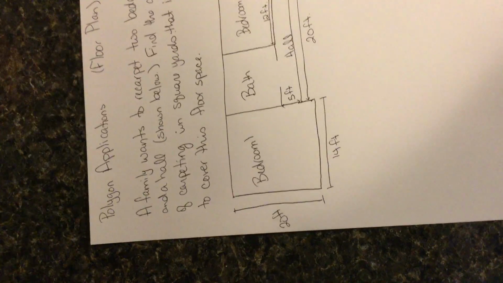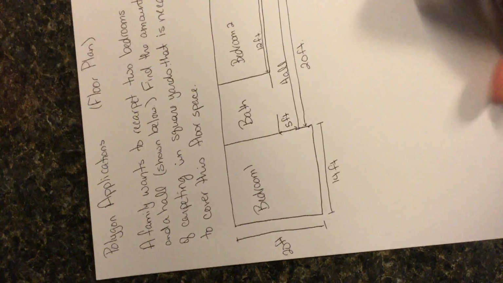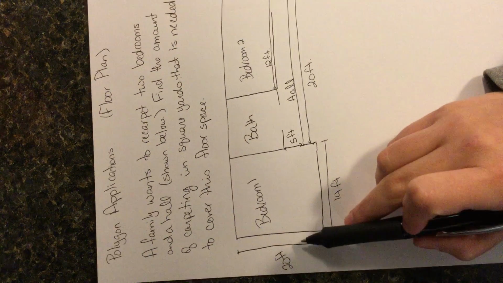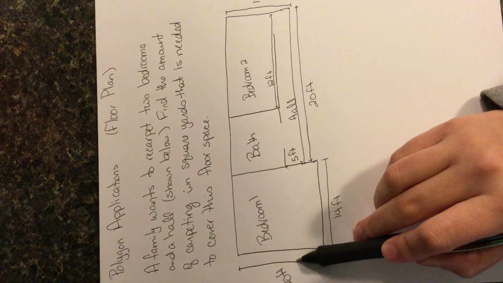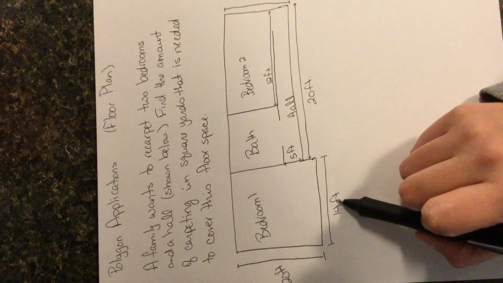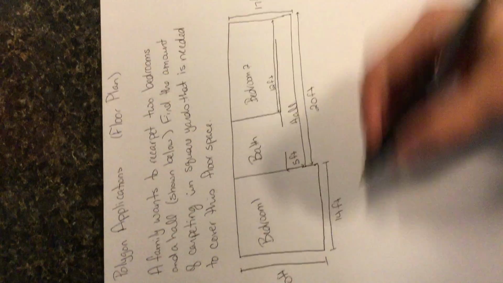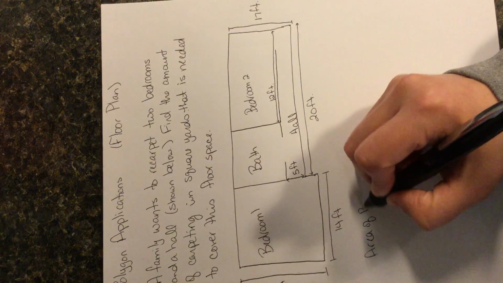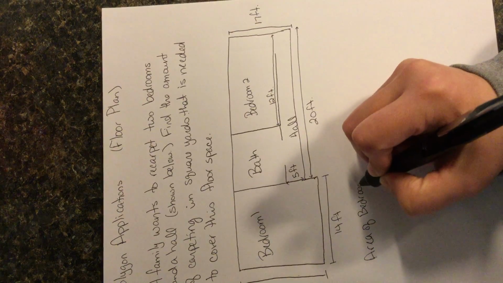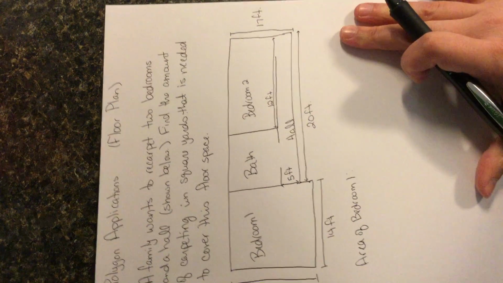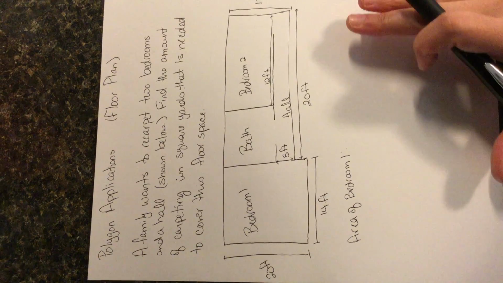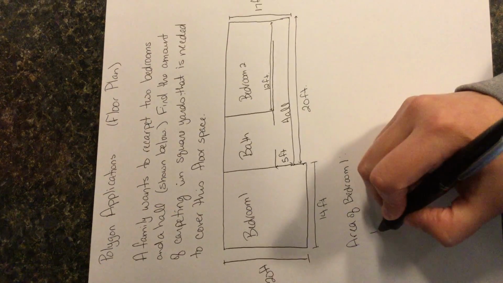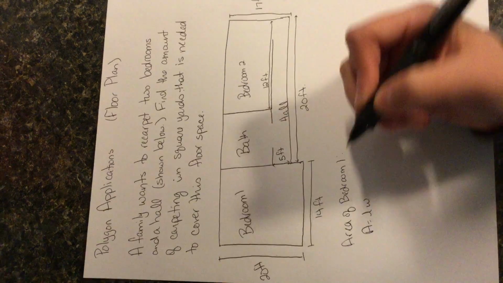So we'll start with bedroom 1 here. Bedroom 1 is a rectangle, and it told us this side was 20 feet and this side was 14 feet. So for the area of bedroom 1, your area formula for a rectangle is length times width.